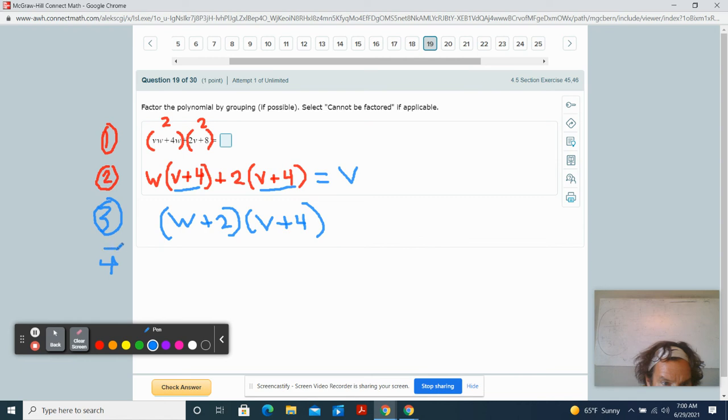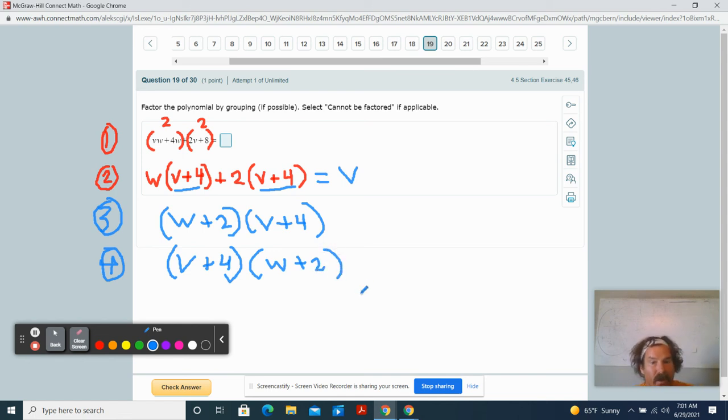If you wanted to write it backwards, you can write it backwards. I can write v plus 4 first, which is the common factor, and then I could write w plus 2. When you're multiplying, it doesn't matter the order in which you multiply your binomials.